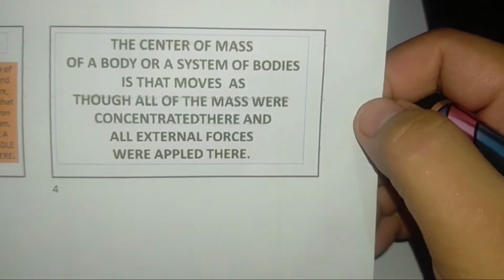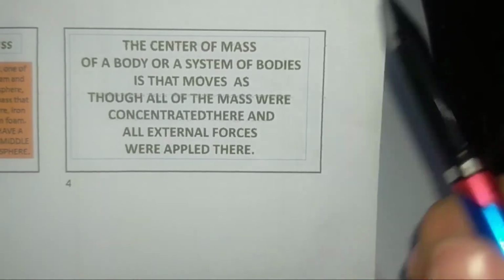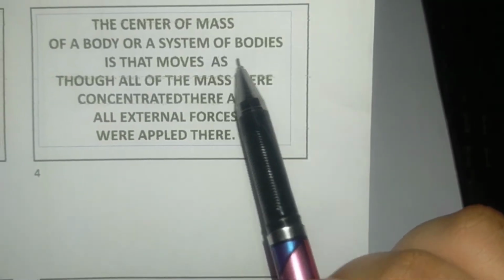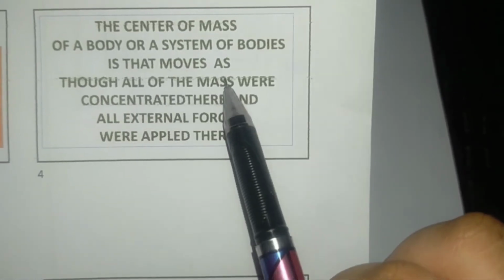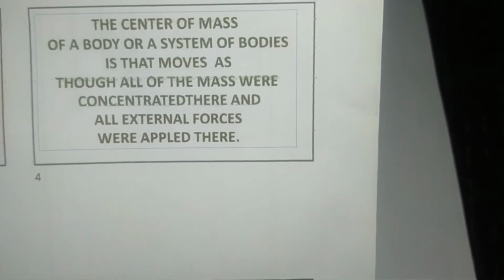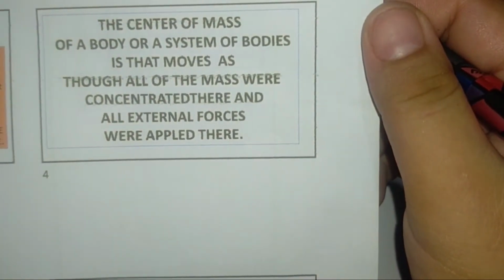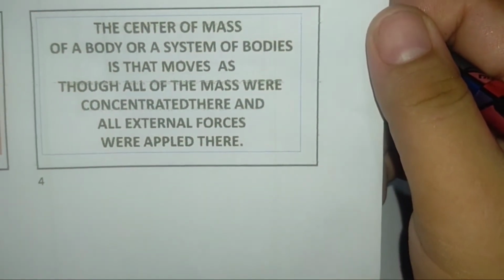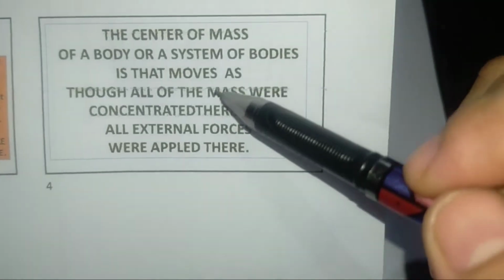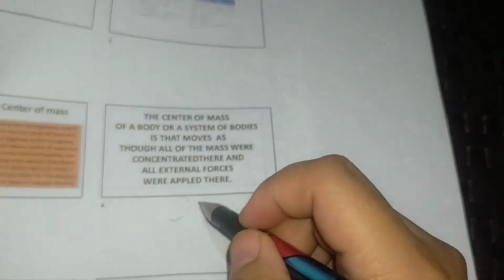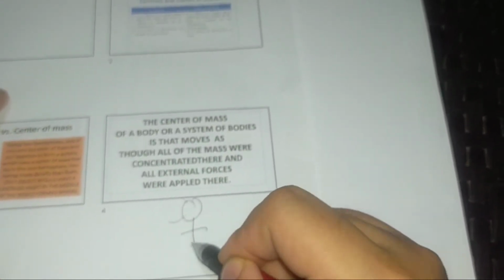Okay, so next is the center of mass. The center of mass of a body or a system of bodies moves as though all the mass were concentrated there and all external forces were applied there. So all the mass is concentrated. For example, this one is you.